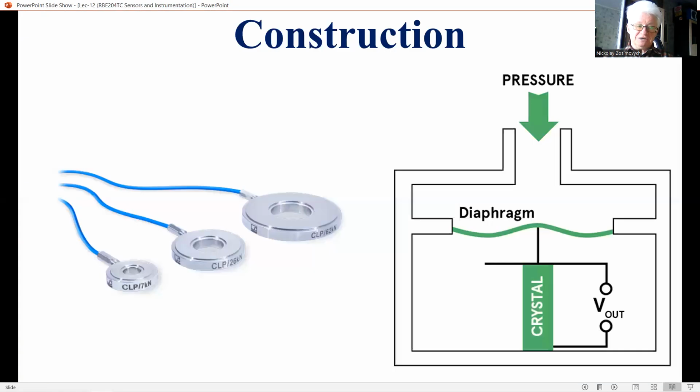The elasticity of the spring element determines the sensitivity of such a sensor.